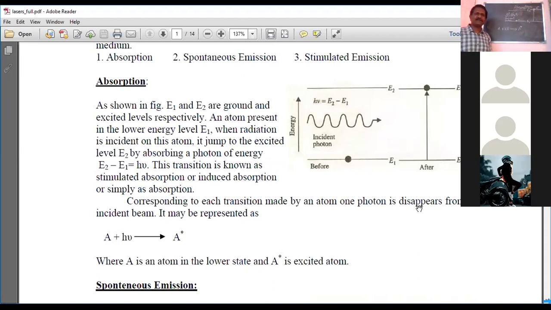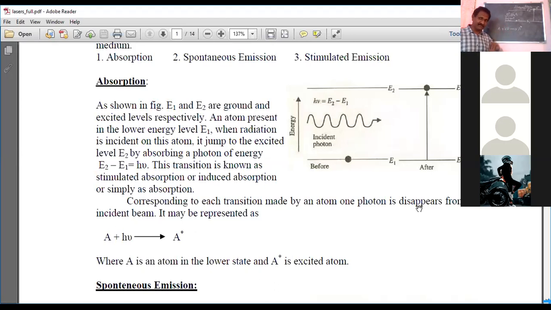If you read this carefully from the chapter paragraph which I shared with you, you will understand this better. That is, before, this is after. Before absorbing the incident photon, after absorbing the incident photon. This process is known as absorption.